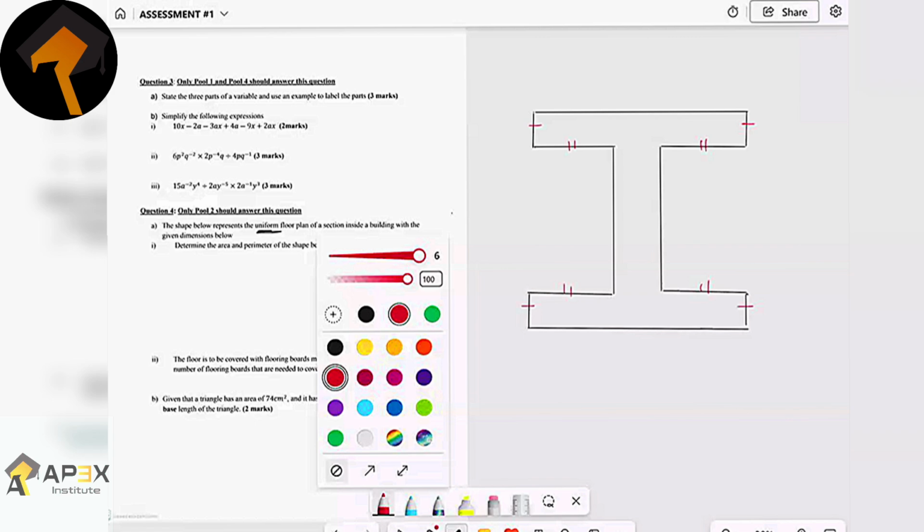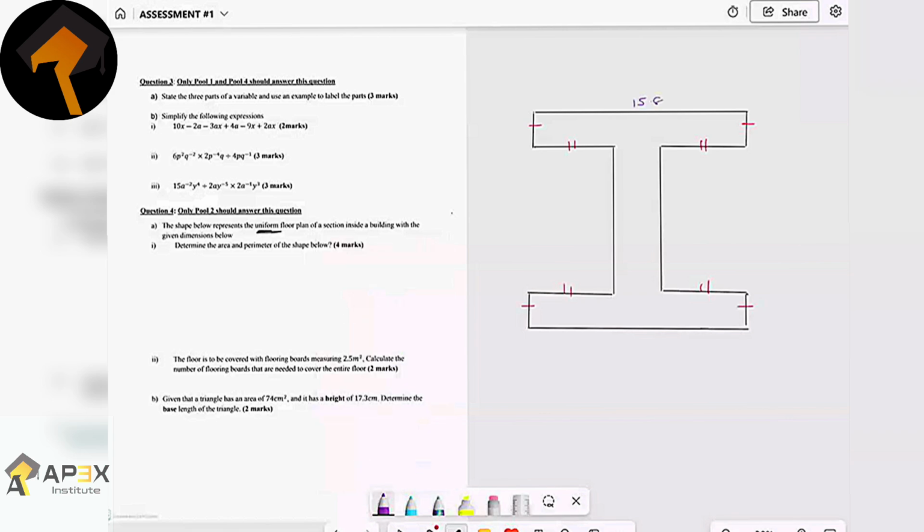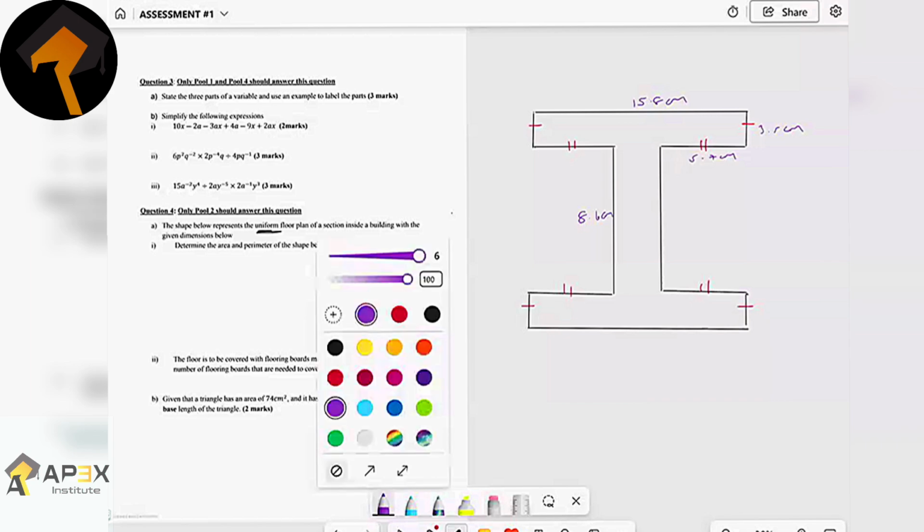And the measurements that we had on the diagram were, let me just use a different color ink, 15.8 centimeter. We had 3.5 centimeter. We had 5.7 centimeter, and we had 8.6 centimeter, right? And there was some extra little stuff on it as well.